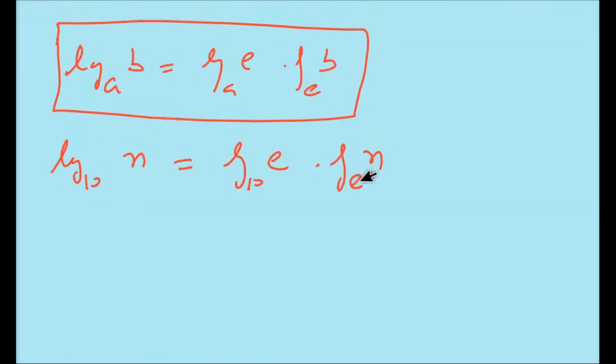If we know the value of log e base n, then multiplied by this, we can get the value of log 10 base n. We can also write this as e base 10.